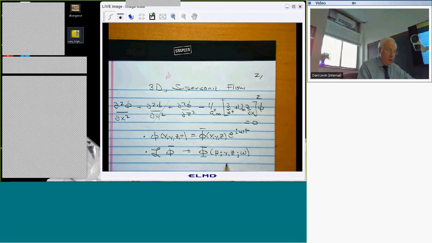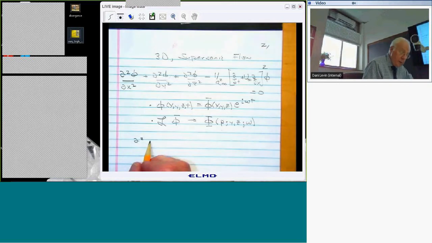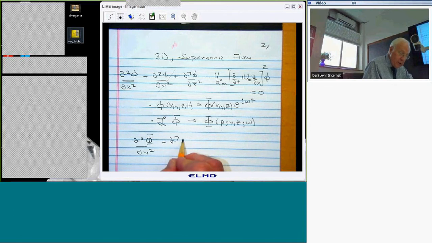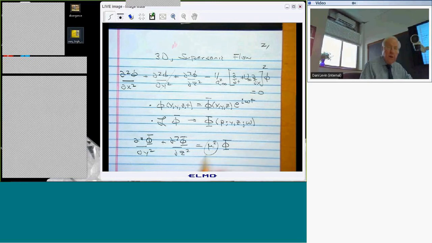So that gives us the following: second partial of capital phi with respect to y, plus second partial of capital phi with respect to z, equals mu squared times capital phi, where this mu squared is the same mu squared we had before in 2D flow, because it involves Mach number, speed of sound and frequency. I won't bother to write that down.